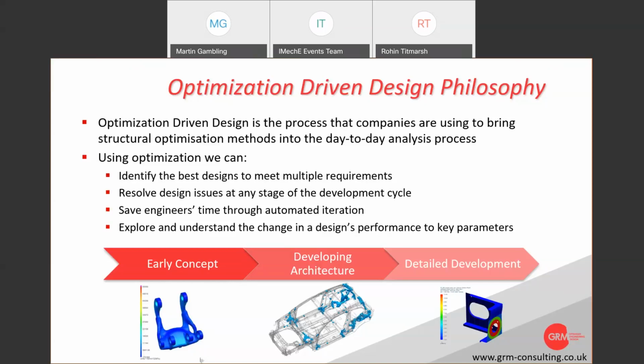So using these methods, there are a few things we really hope to achieve. I feel we can gain, first of all, the meeting of multiple requirements and getting the best designs to meet those multiple requirements. That's a real strength of optimization.